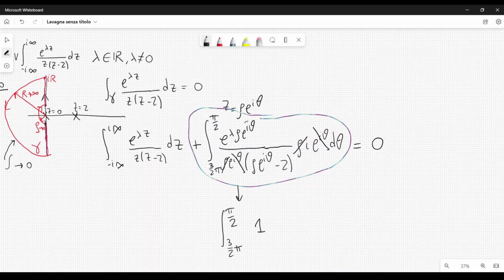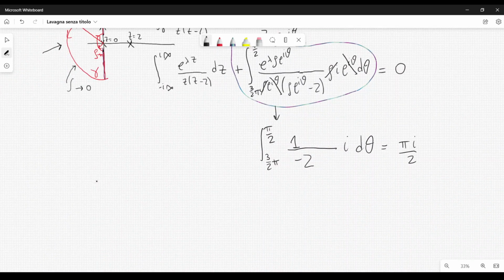It also contains e to the I theta, but that will not affect the result. So this exponential will go to 1, because as I said, rho goes to 0. Then we divide by rho e to the I theta, and then we have minus 2 I d theta, and this will give me pi I over 2.